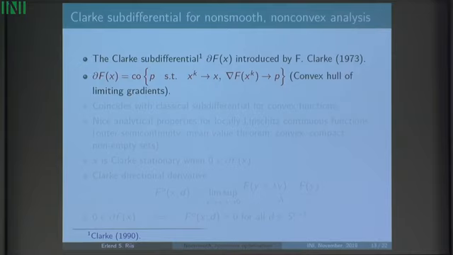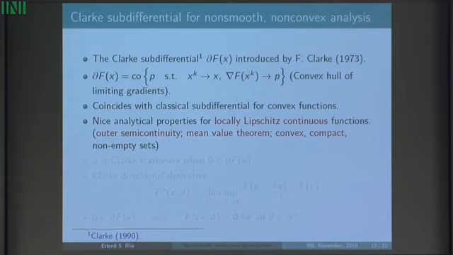Because you know that if a function is locally Lipschitz continuous, then it's almost everywhere differentiable. So if you look at all gradients in an immediate neighborhood at a point x, then you get a notion of a subdifferential. If you're familiar with subdifferentials for convex functions, this definition coincides with that whenever your function is convex.